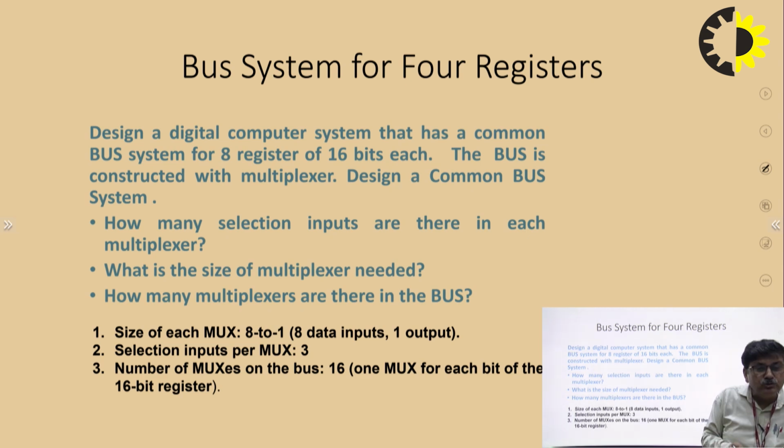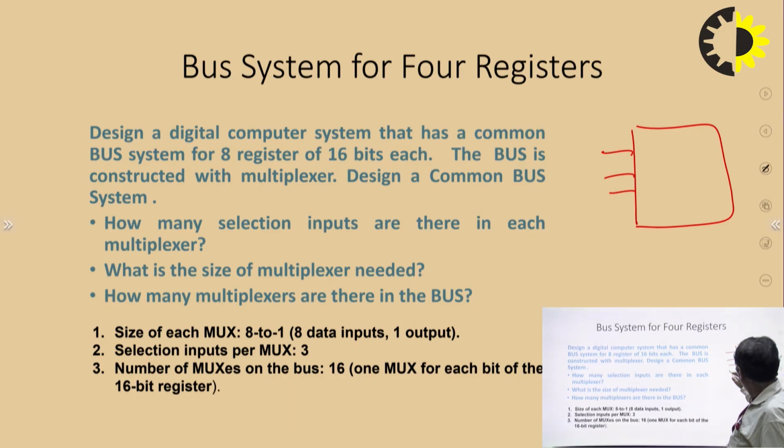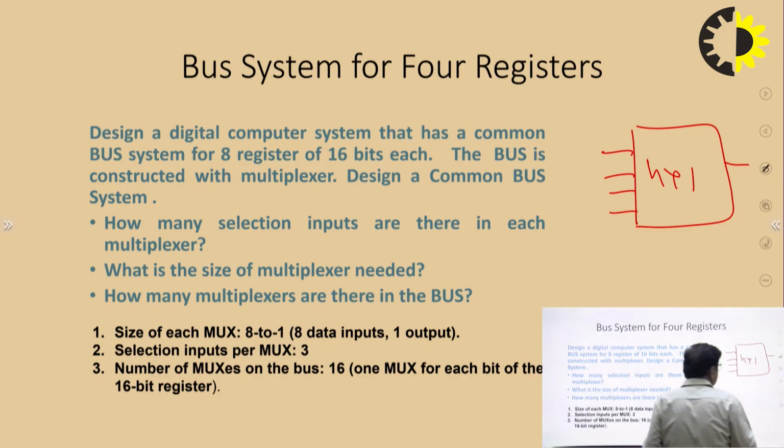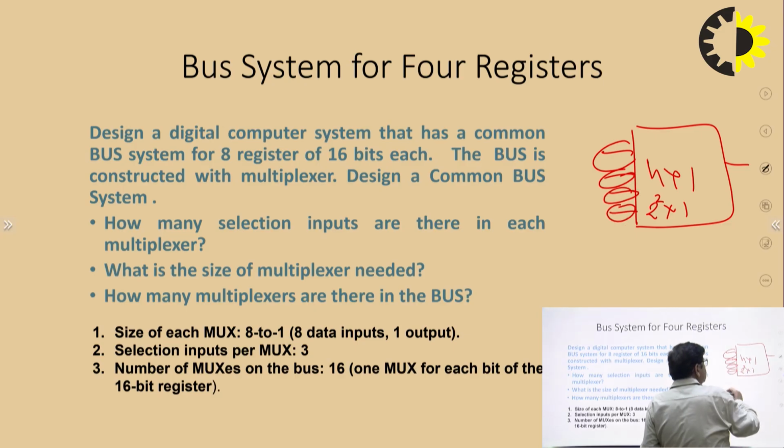What is the input? As you know, a multiplexer with 4 inputs and 1 output, how can we represent 4 into 1? We can write it as 2 power 2 multiplied by 1. So these 4 are the inputs and we represent it as 4 into 1.